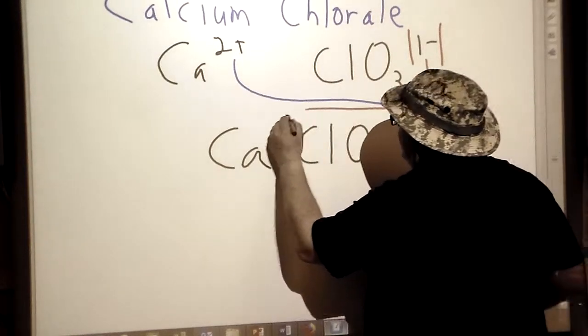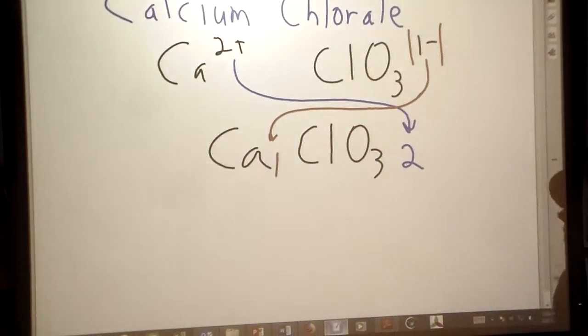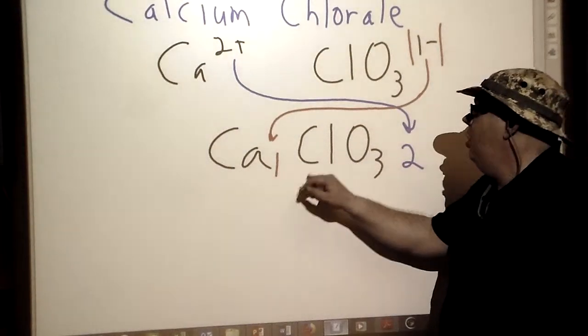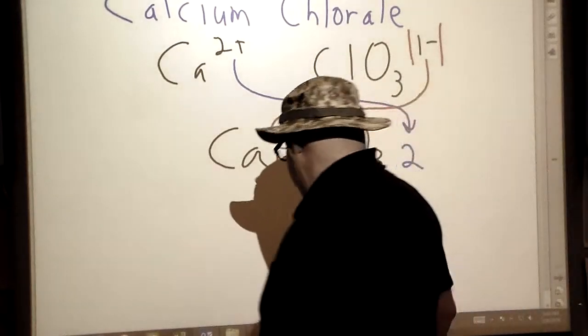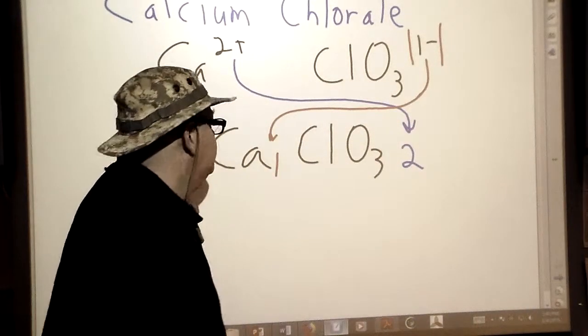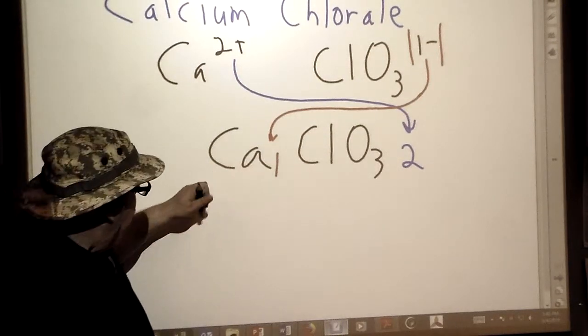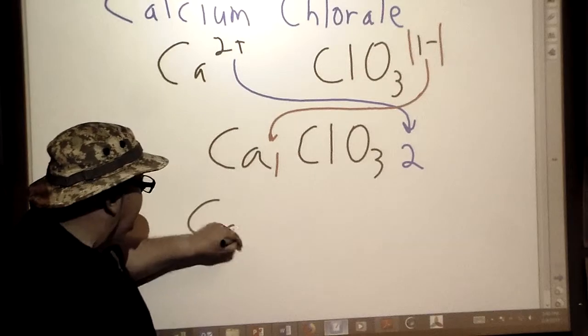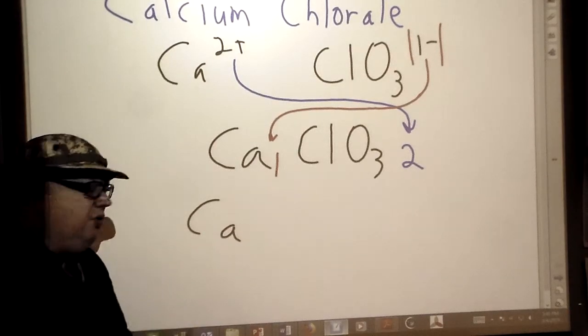So we're going to bring that down to here. So that's what it's going to look like. A Ca1 ClO3 2. Except, here's the problem. How are we going to represent this? So we know the one goes away. You learned that in the last video. Now, what do we do with the ClO3? You got 2 of them.